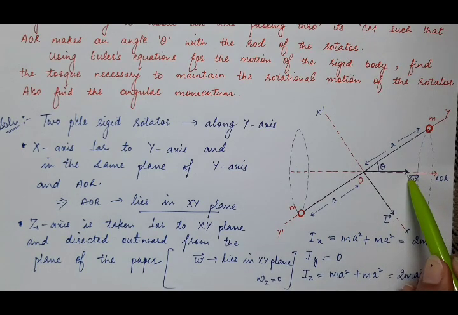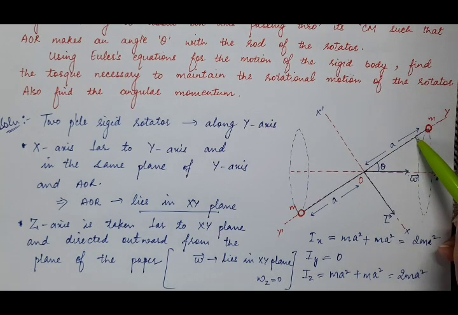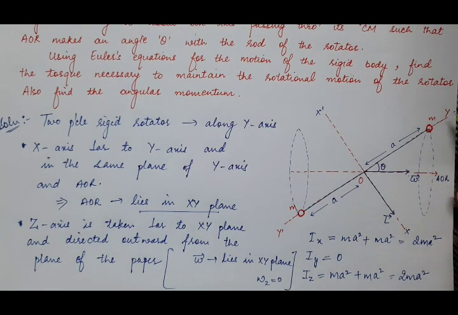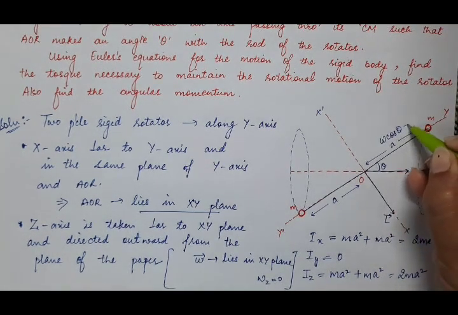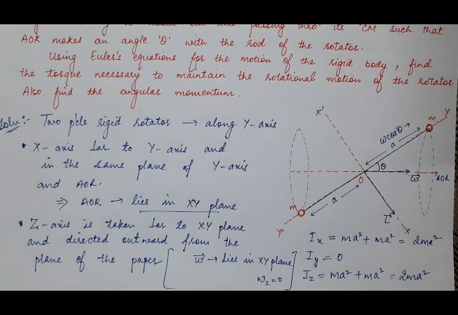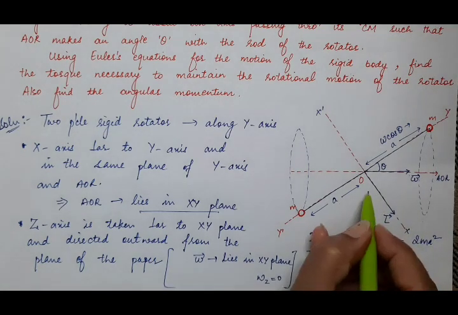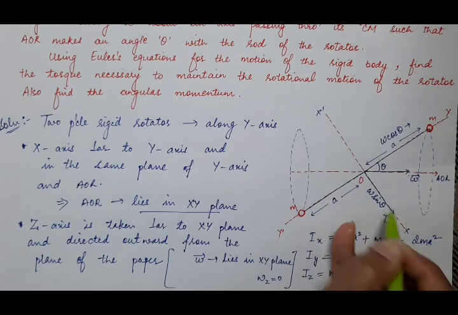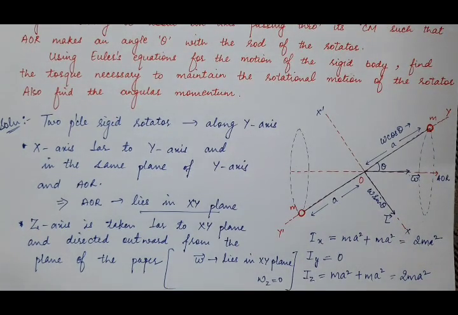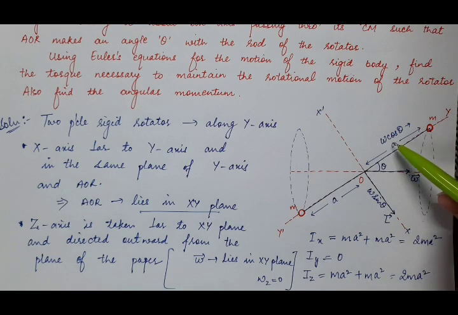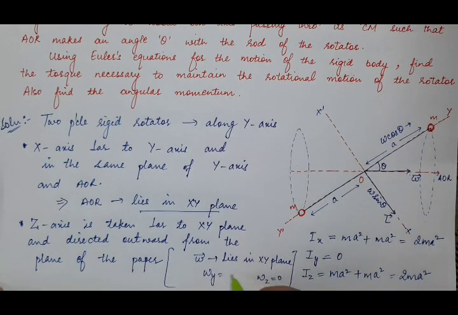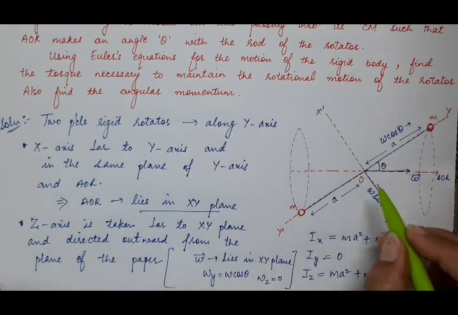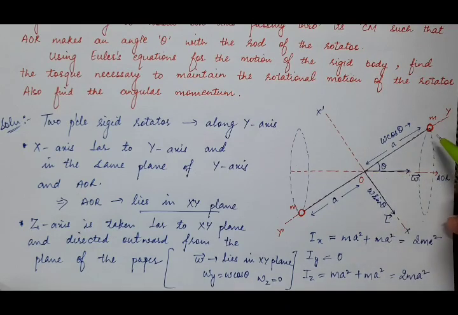This omega vector makes an angle theta with the y-axis. So the component of the omega vector in the direction of the y-axis will be omega cos theta, and the component in the perpendicular direction will be omega sin theta. So omega y is omega cos theta, because this omega vector makes an angle theta with the y-axis.